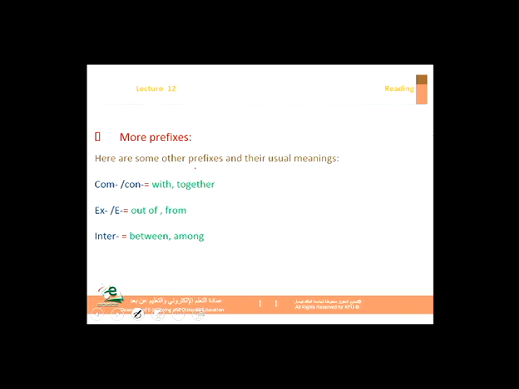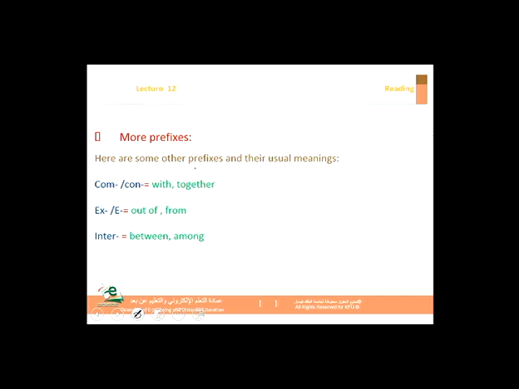Now, we have more prefixes. These prefixes give other meanings, not necessarily negation or the opposite. The first ones I showed you were about how to give the negative meaning of a particular word. Now, some other prefixes like these here have other meanings.